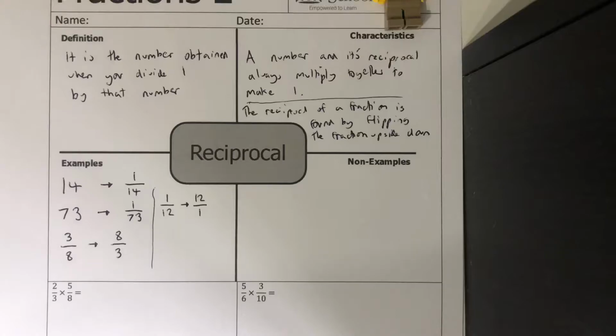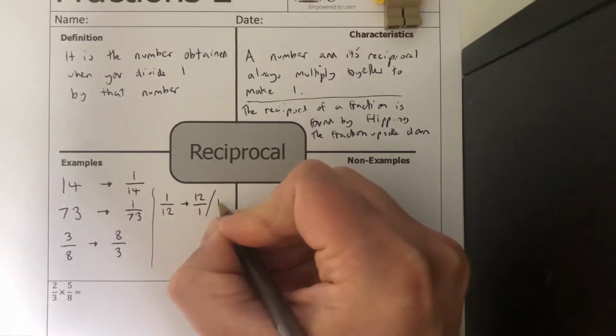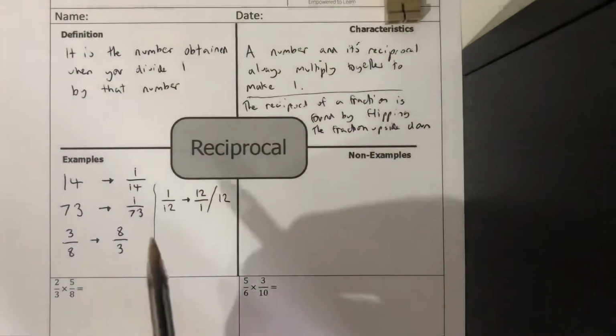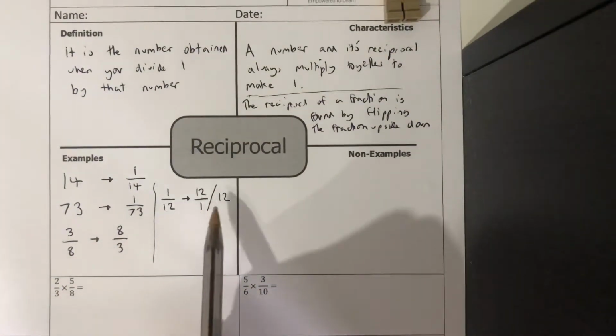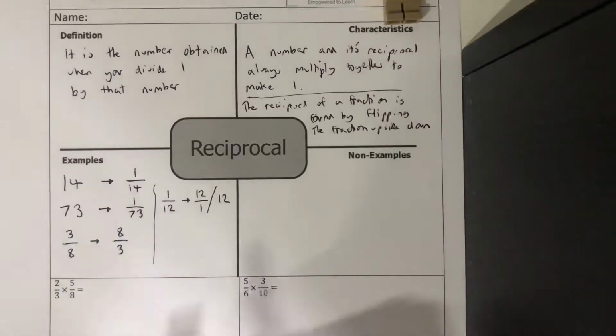Would you leave your answer like that? Well, 12 divided by 1 is just 12, so we could just say 12. What you'll notice is the reciprocal of a 12th is 12, and the reciprocal of 12 is a 12th. It bounces back and forth.